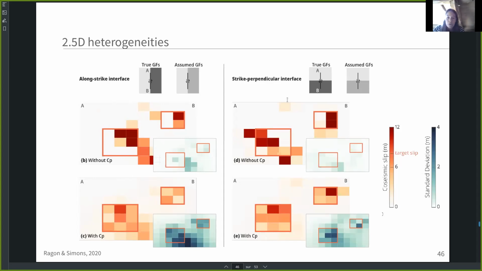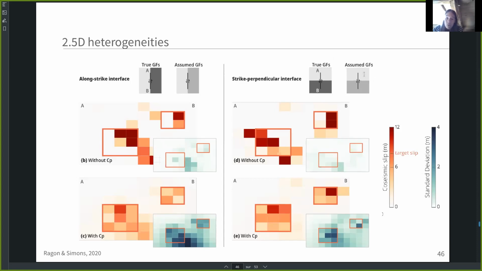What I want you to remember here is that what is very interesting is that in this case, even if the B side of the fault, so that's the right side of the fault, is wrong, the A side of the fault, so that's the left side of the fault, is always true because the crustal structure we assume is similar to the true one.